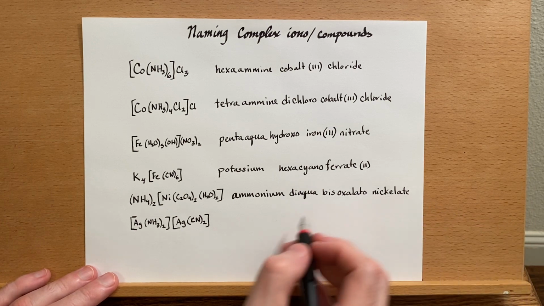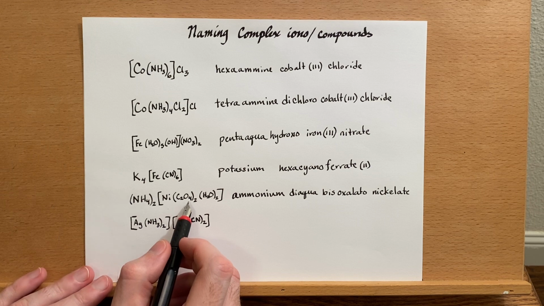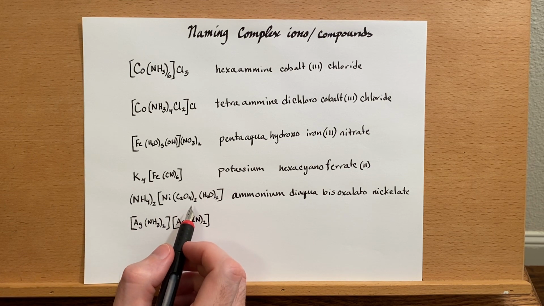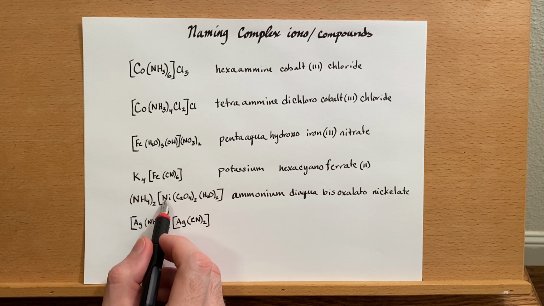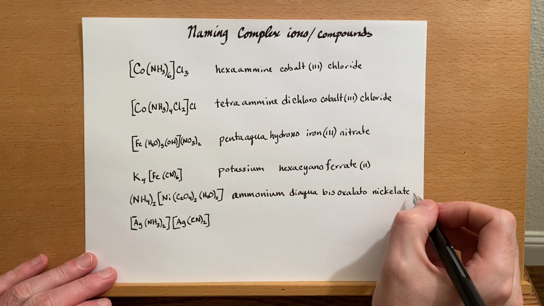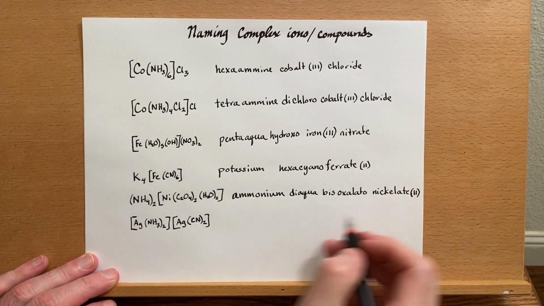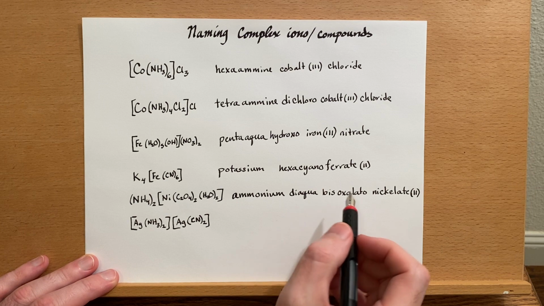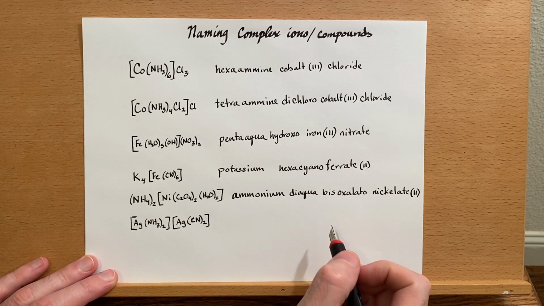And then the charge on the nickel, let's see here. Oxalate is a -2 charged ligand, so there's a -4 right here, but these are +2, so this one must be +2. So nickelate(II). So ammonium diaquabis(oxalato)nickelate(II).